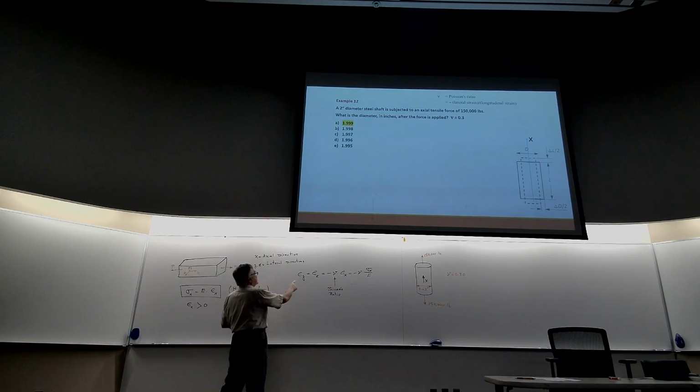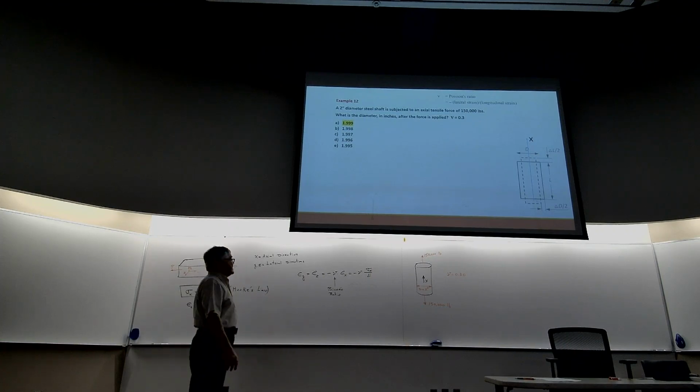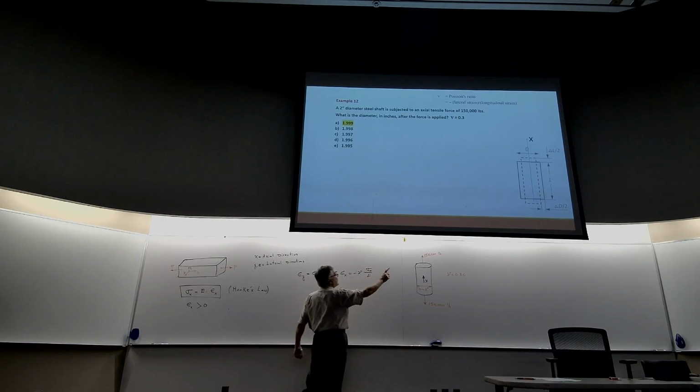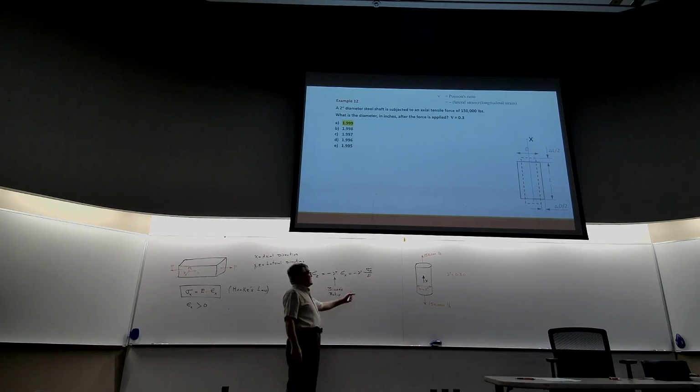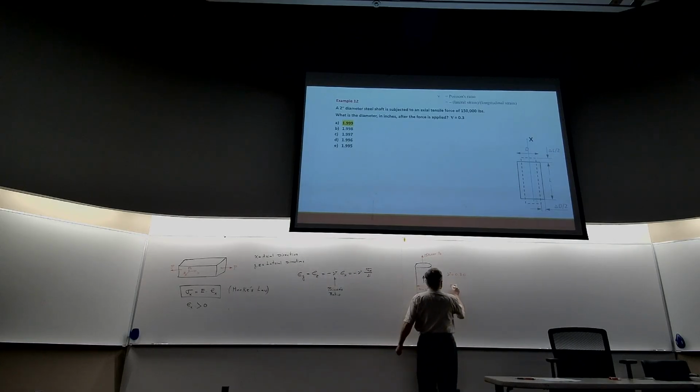And you have all the equations that you need right here on the board. So instead of Y and Z, we want to use D for what happens to diameter. Nu is 0.3, sigma is force over area, E is modulus of elasticity, which is how many psi for steel?